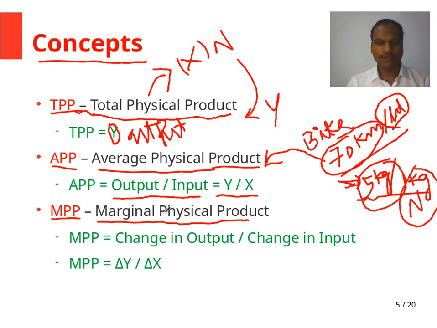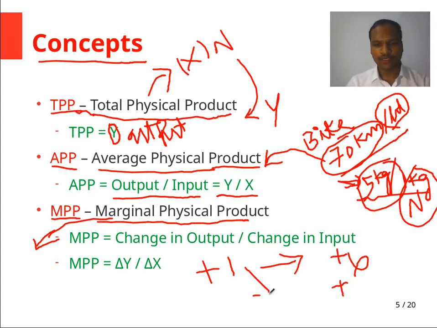We know that marginal means change or additional. When we use additional fertilizers, when we increase another 1 kg of fertilizer, definitely the output will also change. So when we increase the fertilizer, automatically the output will increase.